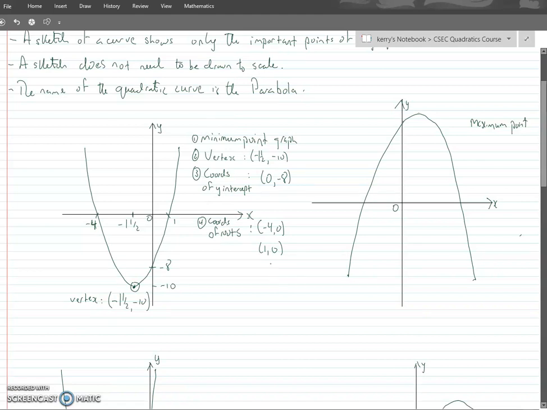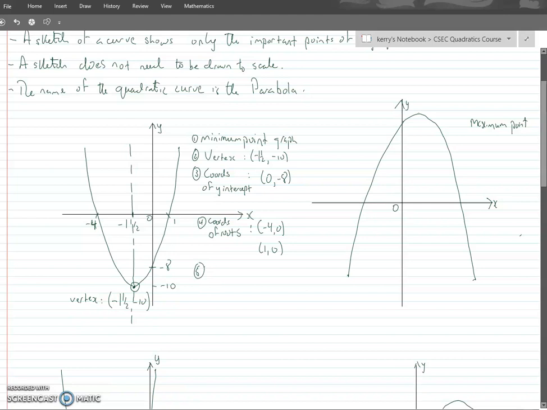Actually, I could probably fit that in now. If we look at this graph, this graph is supposed to be symmetrical. It means that you could draw one line of symmetry. So let's draw that line of symmetry here. This line of symmetry passes through the minimum point. Something important about this is the equation of this line of symmetry.